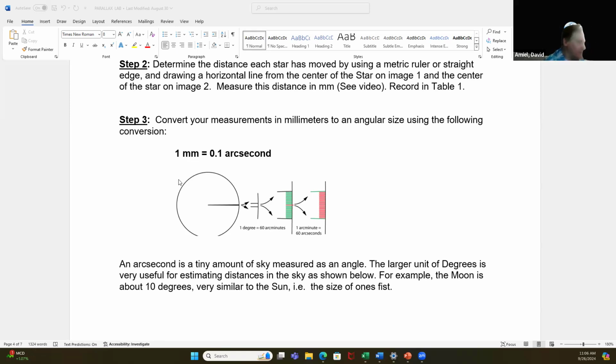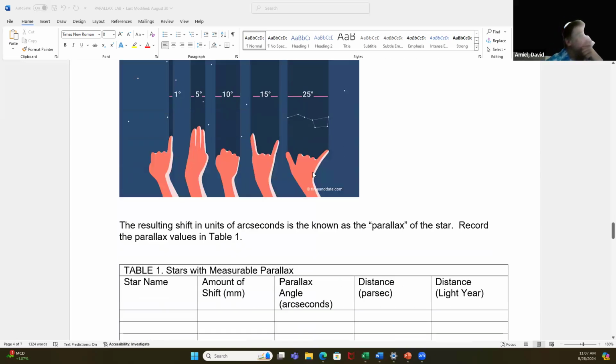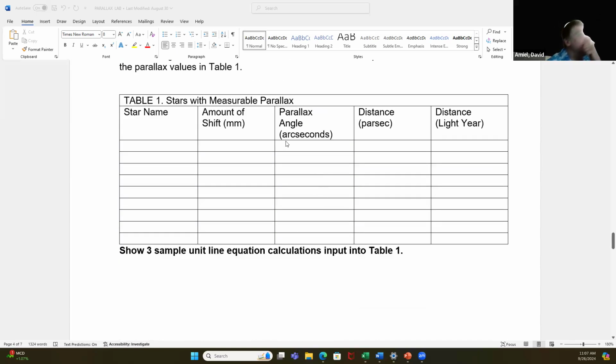Quickly make sure: 10 millimeters times a conversion factor of 0.1 equals 1. Correct. 10 millimeters is 1 arc second. Not saying that's what you're going to have. I'm just doing a sample calculation.